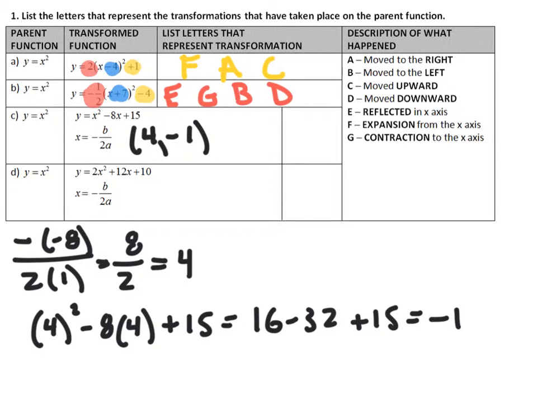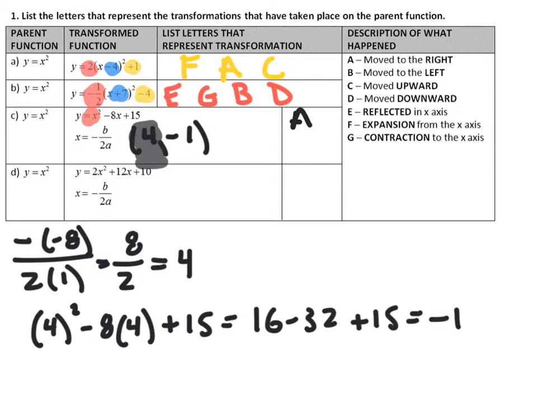And also, the A value is just a 1 there, so it's the parent size. So if you have 4 here, then you definitely went to the right, so you have an A value.